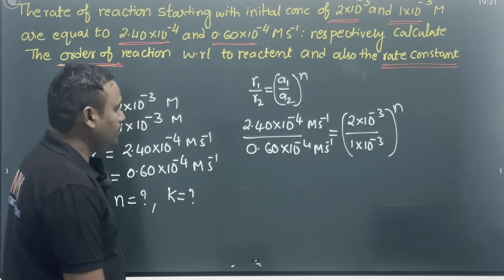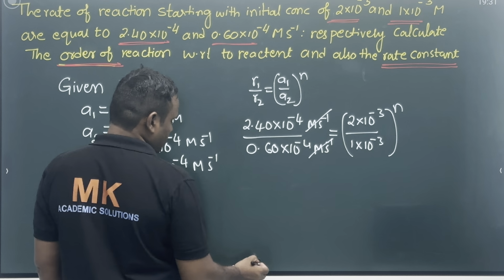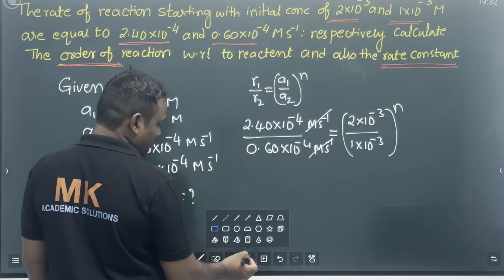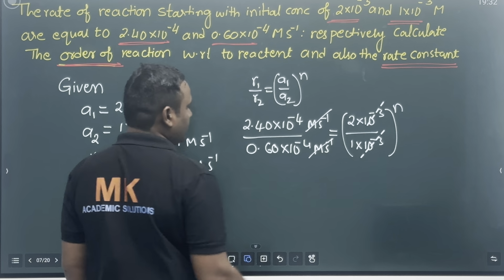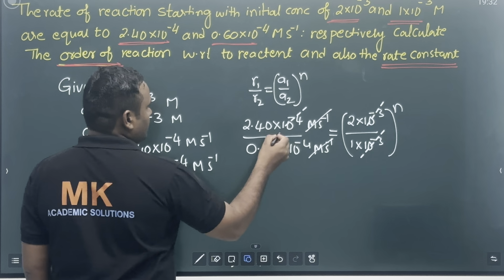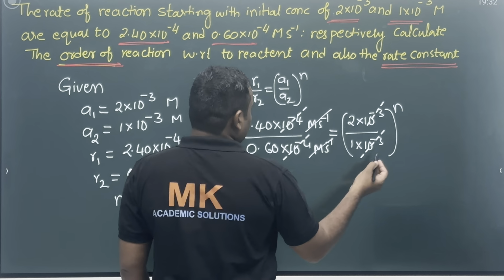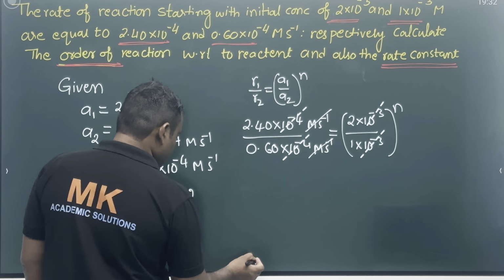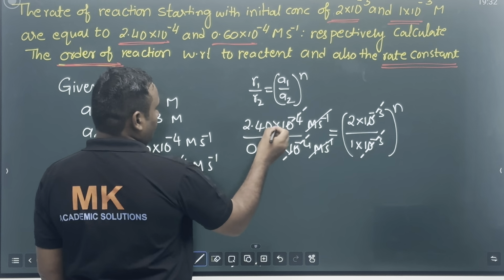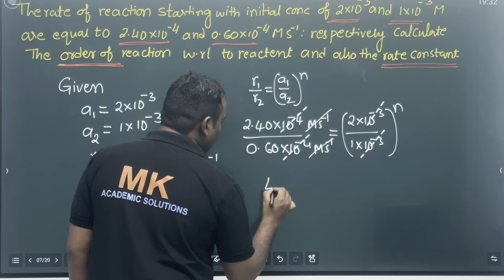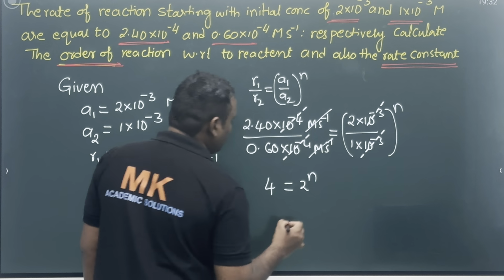Okay, so now when you solve this, molar per second will get cancelled out. Next, 10 power minus 3 will get cancelled out, and 10 power minus 4 will get cancelled out. So what is the remaining value now? 2.40 by 0.60 means we'll get 4. 4 is equal to 2 power n.